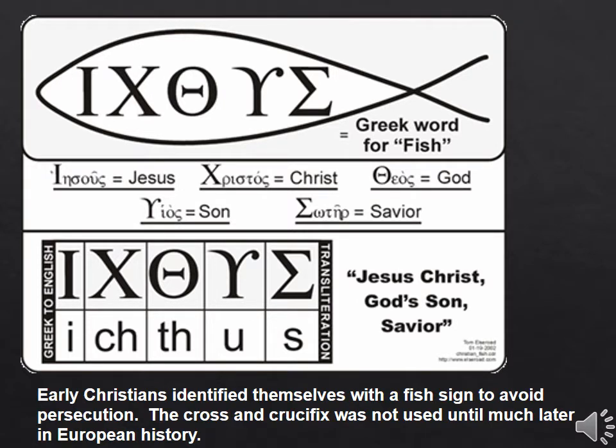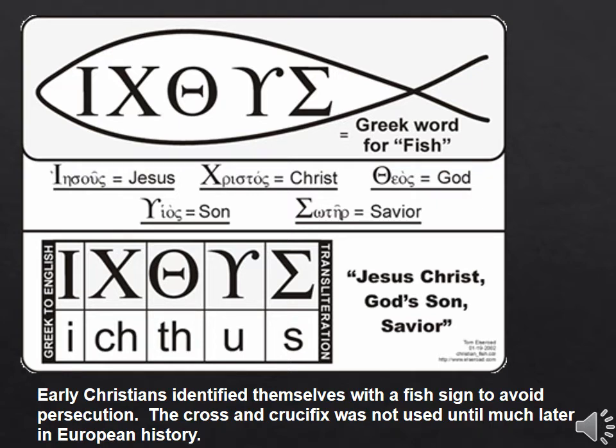So as long as we're talking about early Christian symbolism, I thought I'd take a moment to address this symbol, the ichthys, or fish symbol. So this is a symbol that was developed in the very earliest centuries of Christianity during the period of time that Christians are being actively persecuted by the Romans.